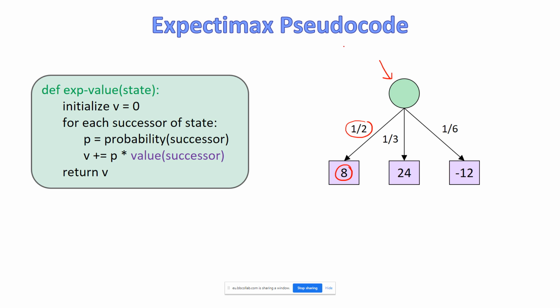The value here will be half times 8 plus 1 over 3 times 24 plus 1 over 6 times minus 12. And that will be the value for the chance node. So this is 4, this is 8, this is minus 2, 4 plus 8 minus 2, this is, I think, 10. Now the value of this node is 10. Notice that this 10 is not any of these values, because this is just the expected value.